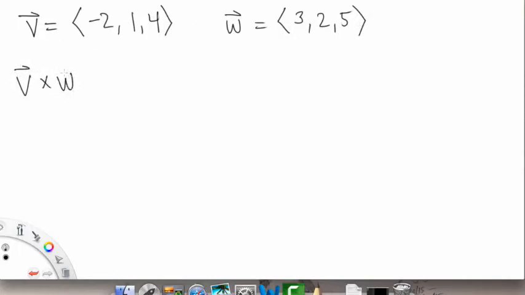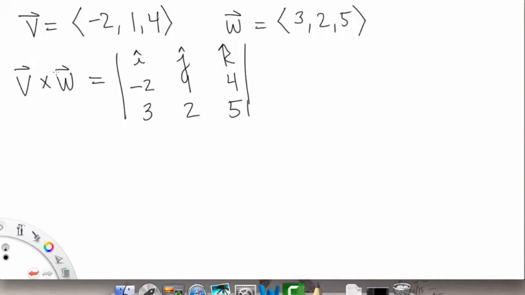So v cross w is going to equal, and we set up our i hat, j hat, and k hat first of all, and then we enter in what our vectors are. So v goes in the middle, -2, 1, 4, and w goes on the bottom, 3, 2, 5. If you were to switch the order of these, if you were to say w cross v, then you would write w in the middle line and v along the bottom, okay?